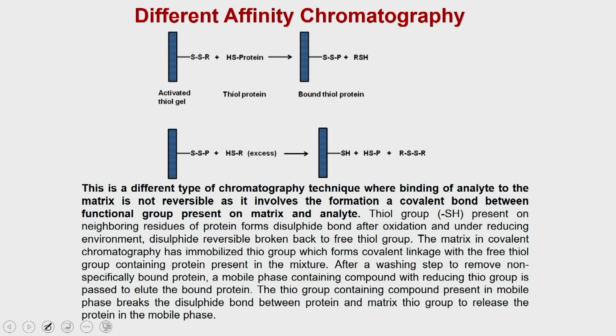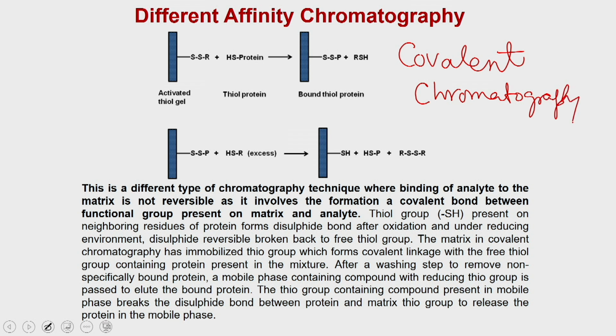Now, the third is covalent affinity chromatography. This is a different type of chromatography technique where binding of the analyte to the matrix is not reversible, and it involves the formation of a covalent bond between the functional group present on the matrix and the analyte.